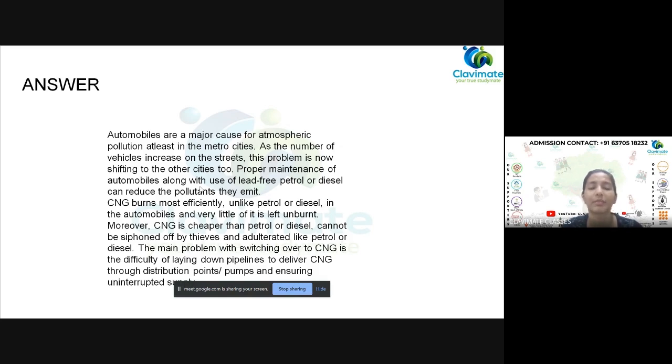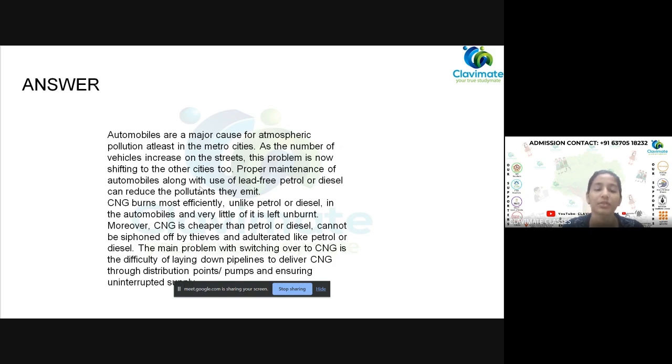Many autos, cars and buses nowadays are using CNG instead of petrol or diesel. These are very efficient and cheaper than petrol or diesel.